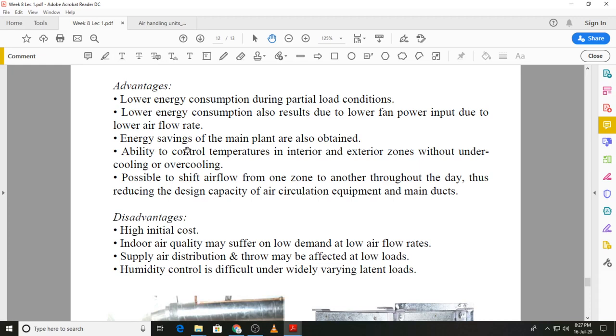So there are system savings when we use a variable air volume system, and that is why modern air conditioning plants extensively use this sort of system. Temperature control in both the interior and external zones can be carried out very well, and we can also shift the air flows from one zone to another according to any change in the requirements.